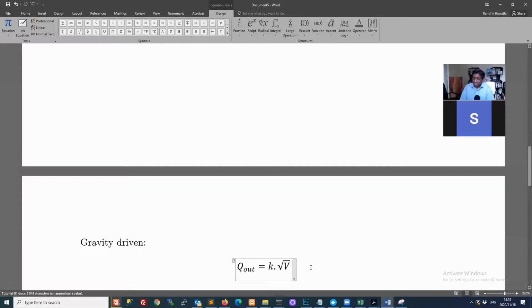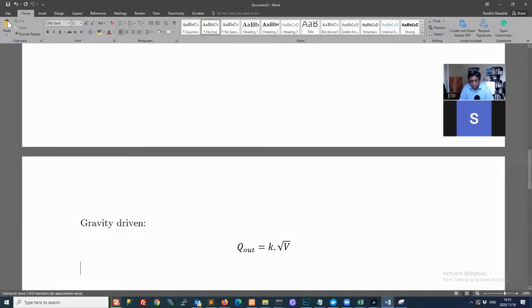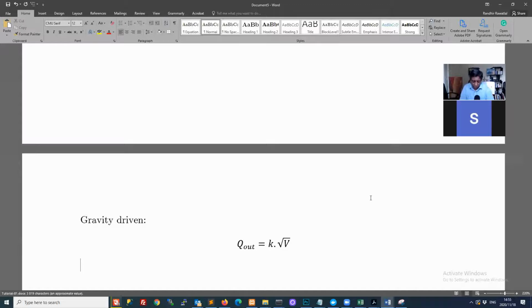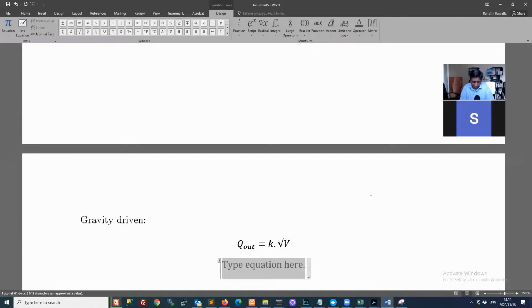So generally speaking, in this situation, Q out is not the same as Q in, and we can no longer just say dV dt equals 0. So dV dt is now Q in minus Q out, which is minus K times the square root of V.